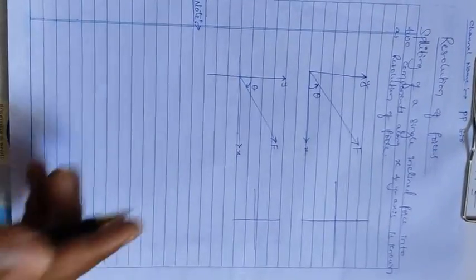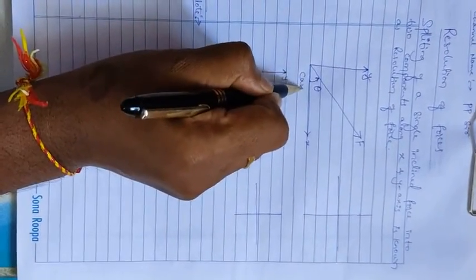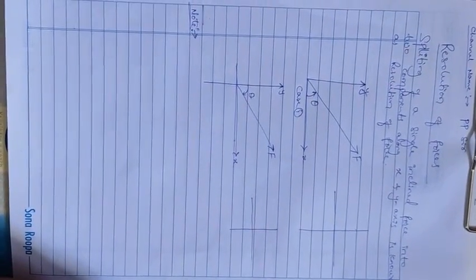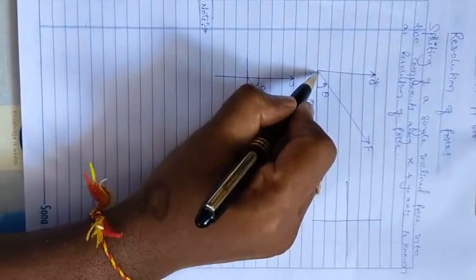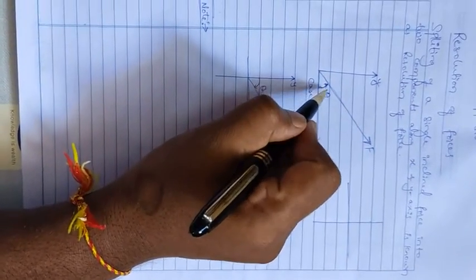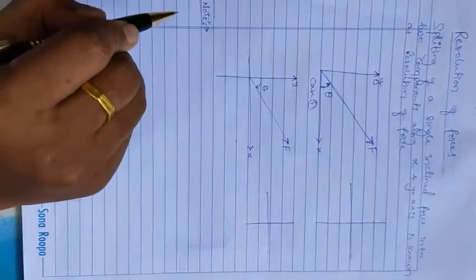Now look at here, case 1. As the force given is in first quadrant, I have shown the x and y axis. This is a force F which is making an angle theta with respect to x axis.